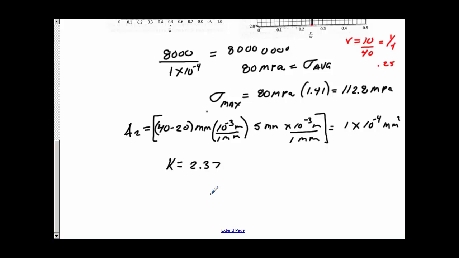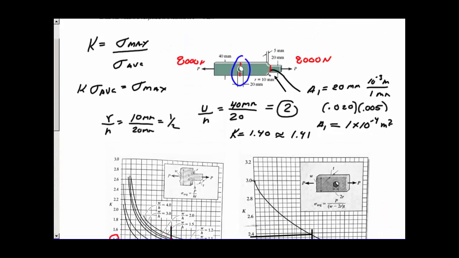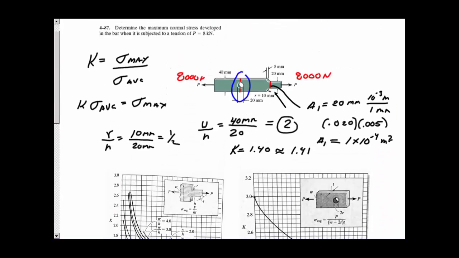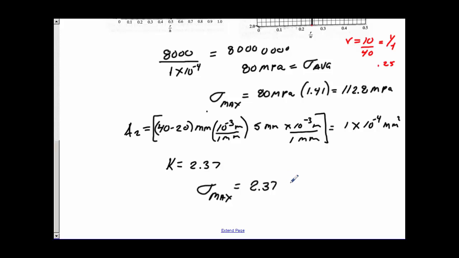So then you find your max stress is going to equal 2.37 times your load, which is 8,000, divided by your cross-sectional area, 1 times 10 to the minus 4th.